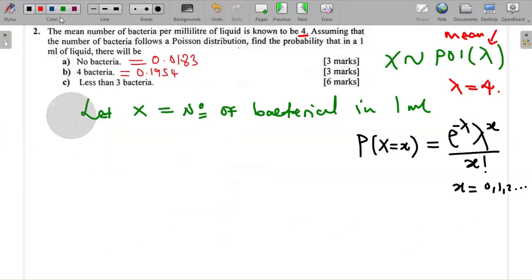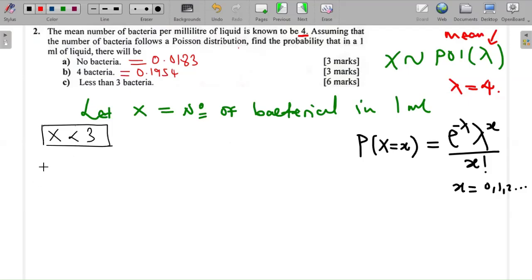Let's look at part C. So part C says find the probability that there will be less than 3 bacteria. So meaning X is less than 3. Okay, that's the probability we are finding.